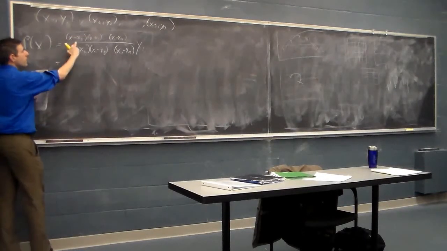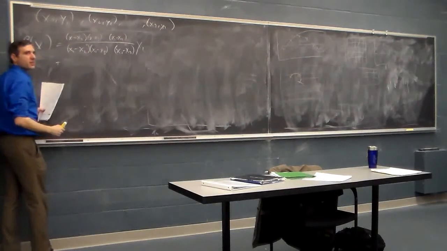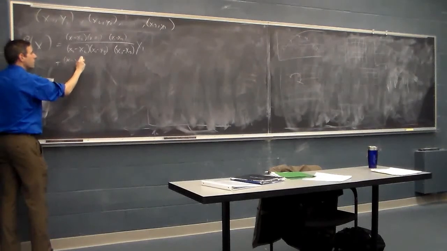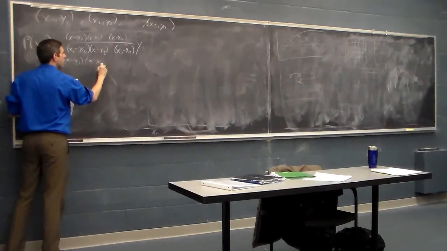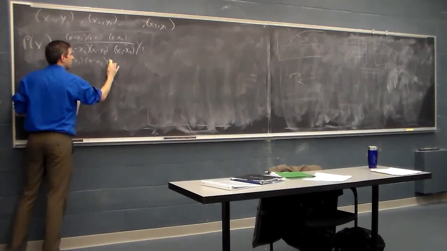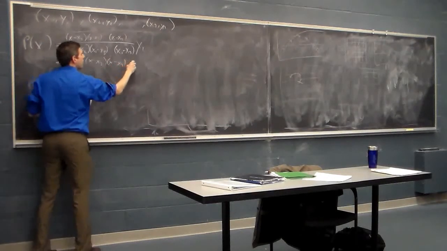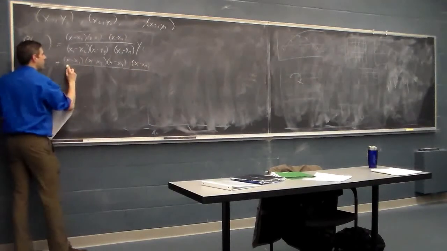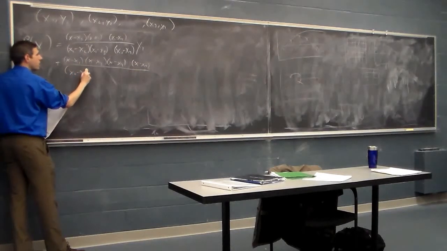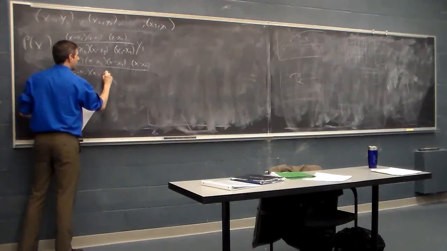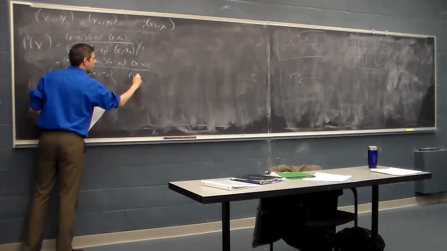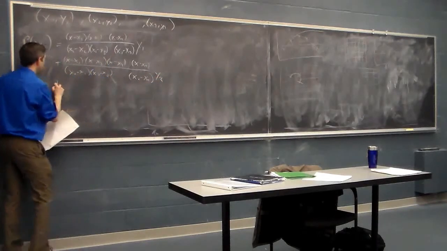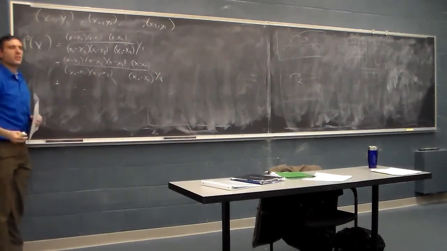So for the second one, the numerator would be x minus xi for every xi except 2. So x minus x1, x minus x3, x minus x4, etc., for x minus xn, divided by now x2 minus x1, x2 minus x3, etc., up for x2 minus xn times y2, and then just repeat that for each of the data points.